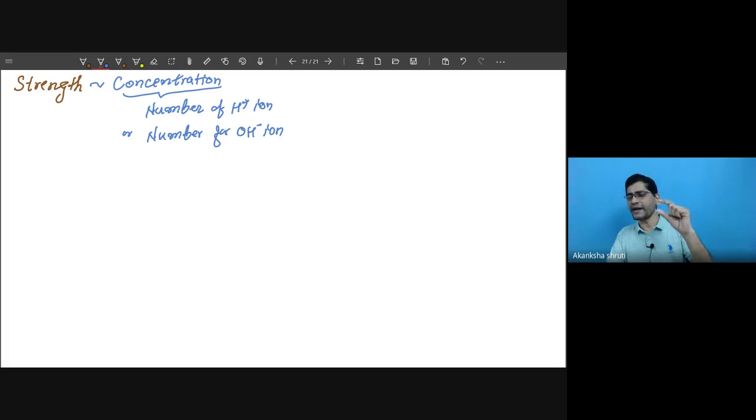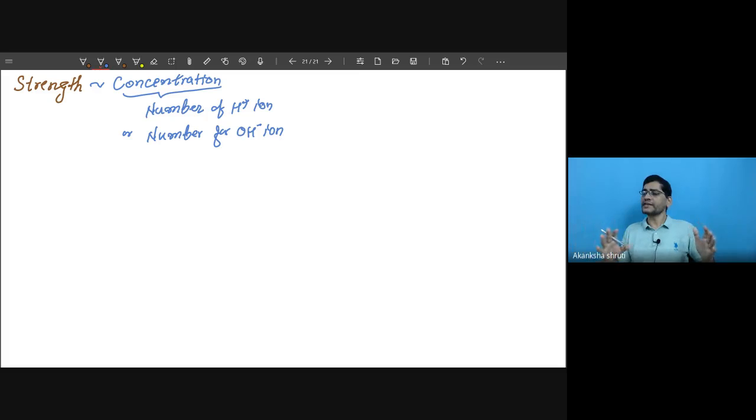The volume of acid or base that we are taking should be constant. Otherwise it is possible that if you are taking just 100 ml of acid, even a stronger acid, you may get some number like 10 to the power 11 H plus ions. But if you are taking 1 liter of even a weaker acid, the volume is 10 times more, so even if the ionization is a bit lesser, still we may get more number of H plus ions in the higher volume.